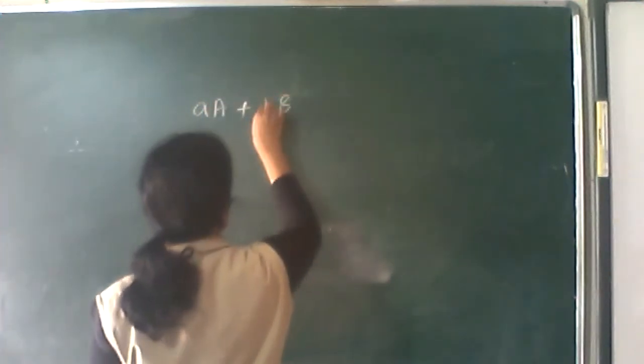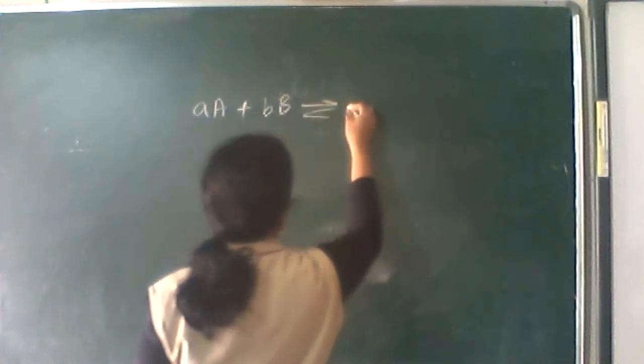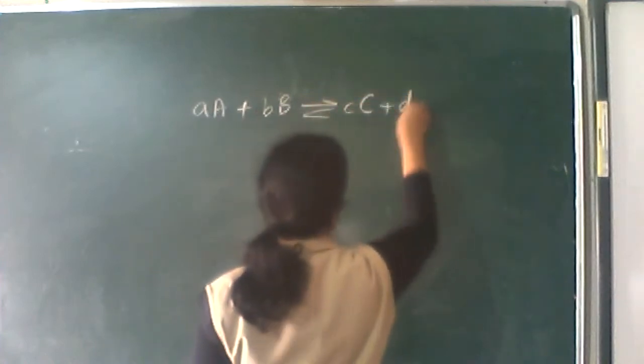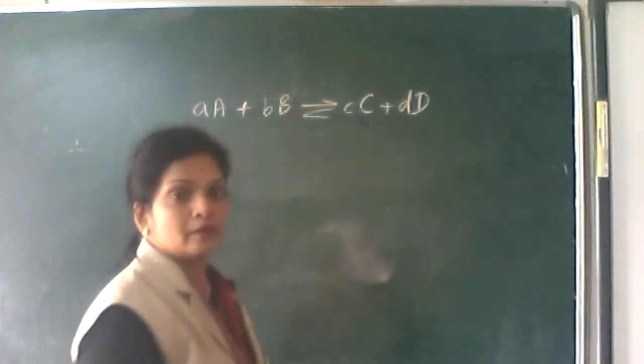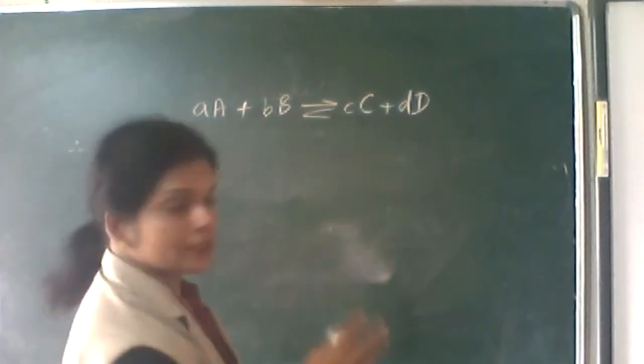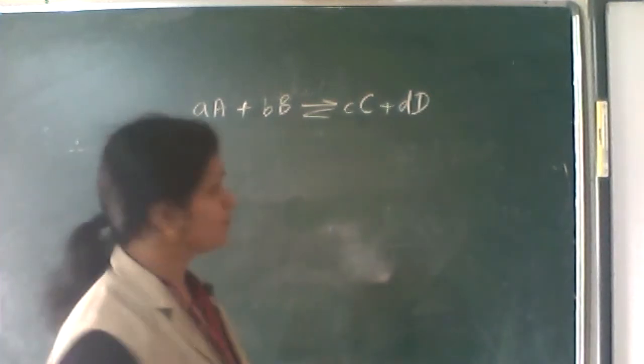For a reaction, aA plus bB in equilibrium with cC plus dD, there is a forward reaction and there is a backward reaction.